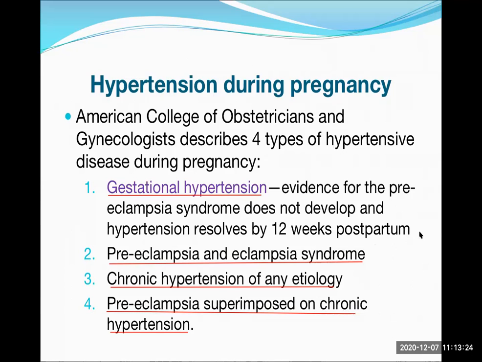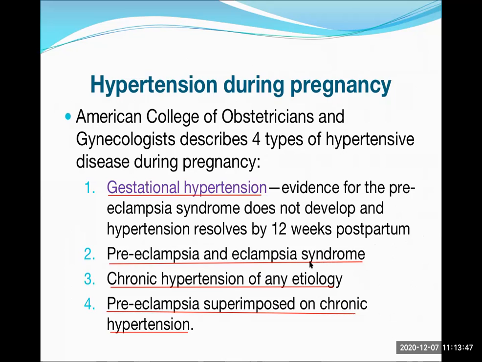Preeclampsia and eclampsia are very serious conditions. There is an increase in blood pressure after 20 weeks of gestation, and preeclampsia is associated with proteinuria and some other symptoms. We'll talk about that.